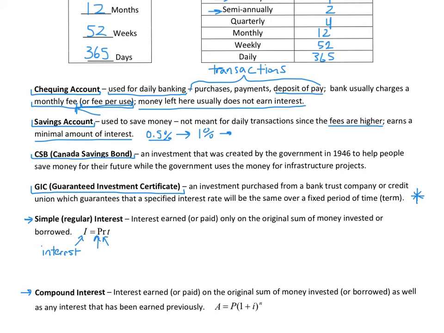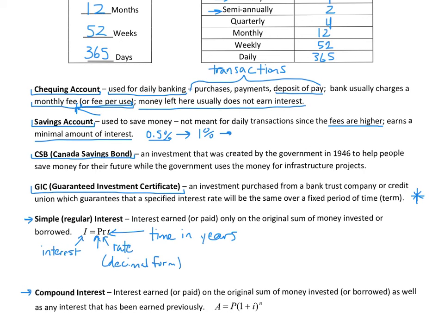The r stands for the rate of interest, so it has to be changed into decimal form. And then your t is your time in years. Okay, and we'll do some calculations with that in a moment.